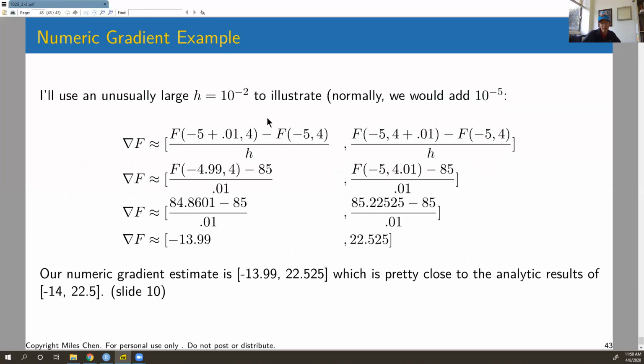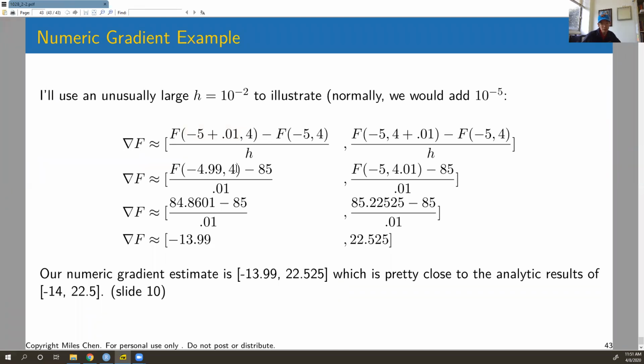In this case, I'm going to add on 0.01, which is unusually large, but just for illustration, to the x1 component, and also to the x2 component. But I do this one at a time. First I leave x2, which is 4, unchanged, and I add on 0.01 to the x1 component, -5. So I leave the other value unchanged.